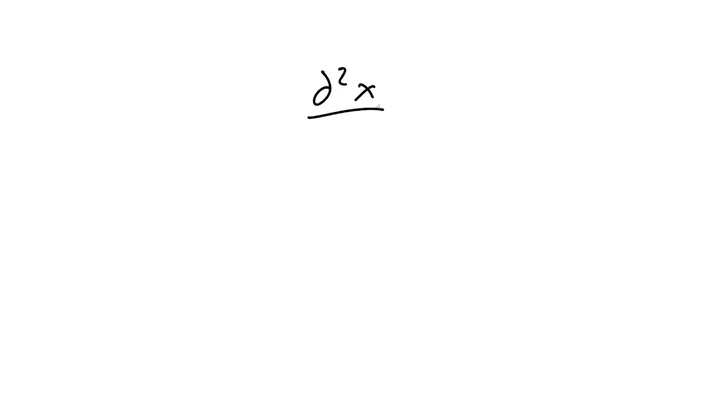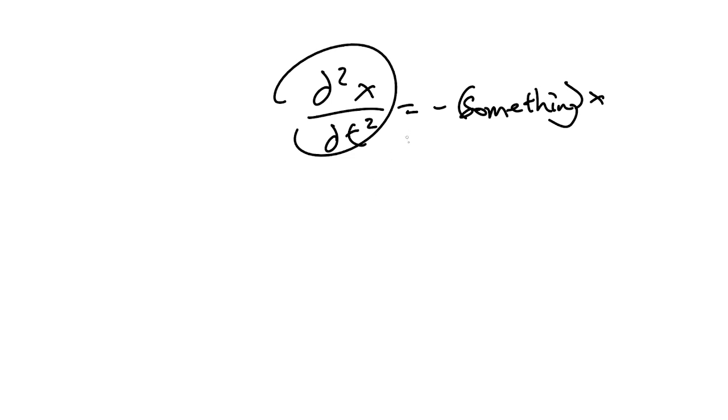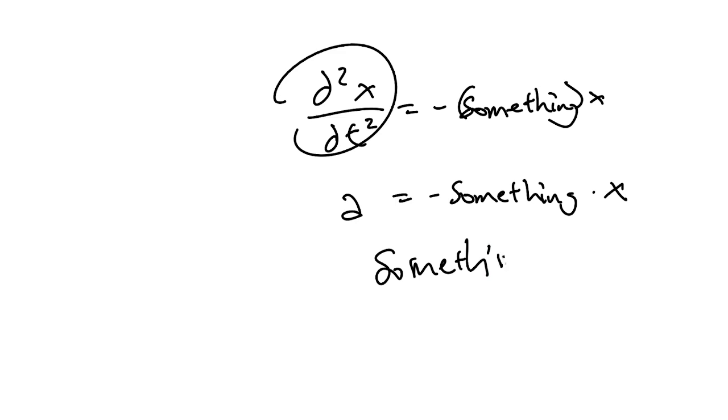And so this is going to come up a bit more important later on. But what's important about this is we have this equation, right, where we have this negative something times x. And so what we can say, this is our acceleration. Our second derivative of our position with respect to time, that's our acceleration. So we can say that our a is going to be equal to negative something times x. And so we can just say that this something is going to be equal to a over x, right?